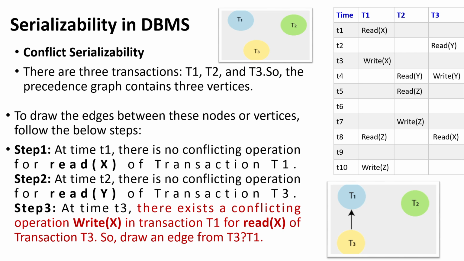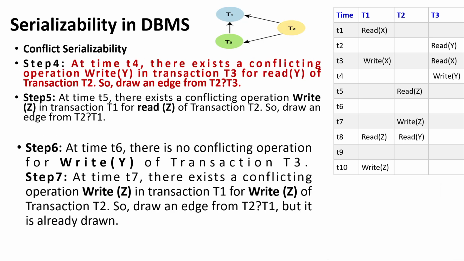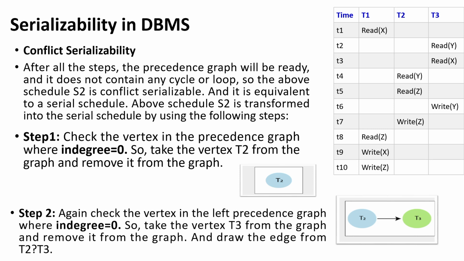Conflict serializability example. There are three transactions T1, T2, and T3, so the precedence graph contains three vertices. To draw the edges between these vertices, follow the steps given. You can check them out. After all these steps, the precedence graph is ready and it does not contain any cycle or loop.